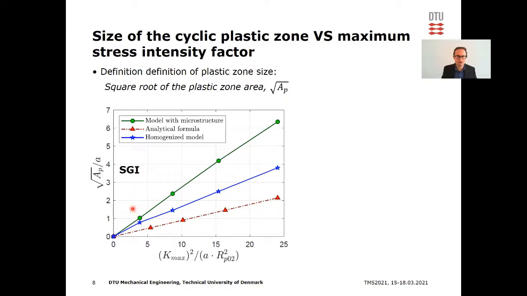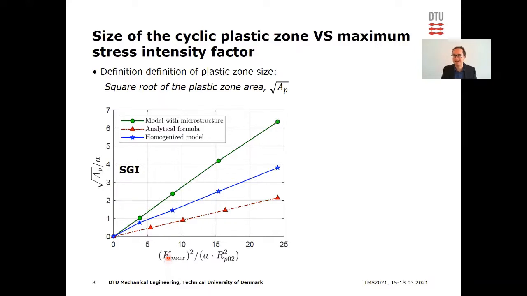So you can see that the prediction of the homogenized model, which is represented by this blue line here, is always smaller than the prediction of the model with a fully resolved microstructure, which is this green line here. Doesn't matter the value of the maximum stress intensity factor. So there can be two reasons for this.